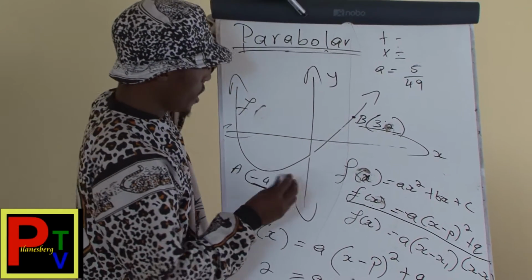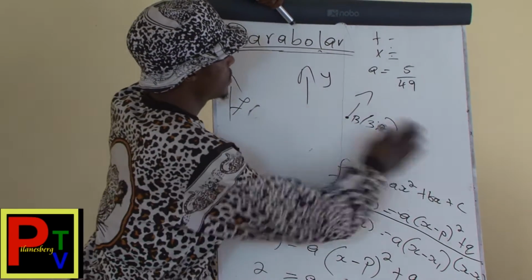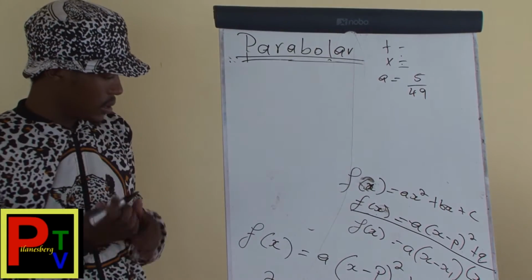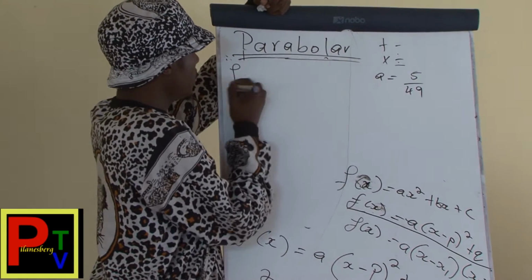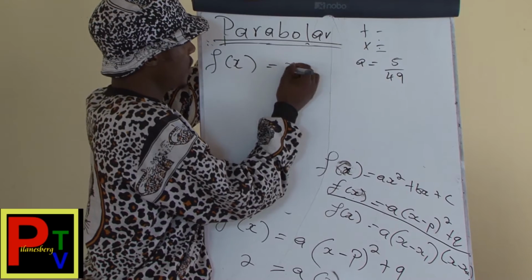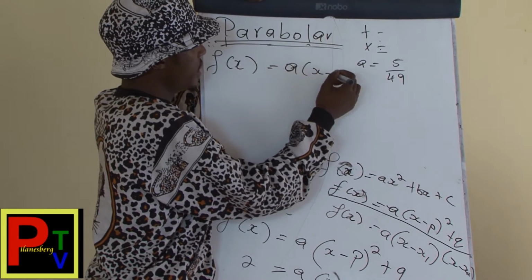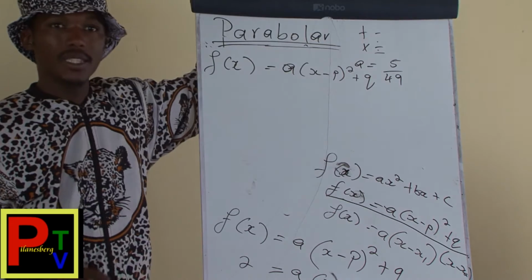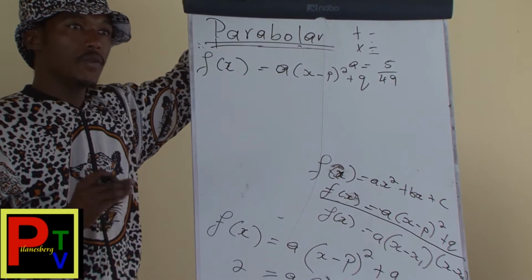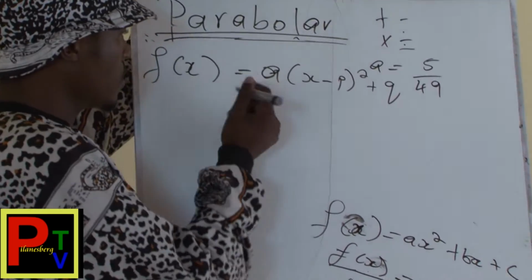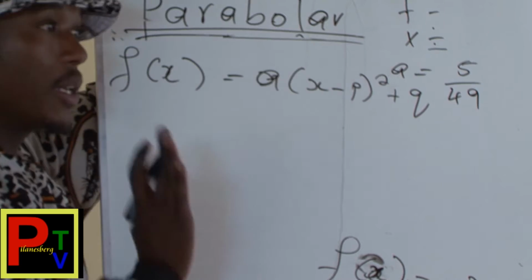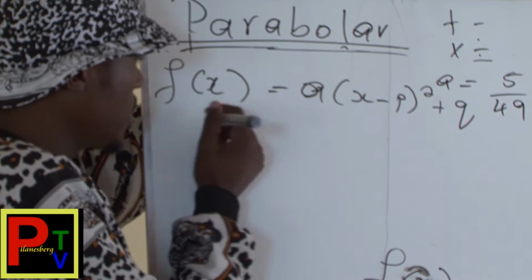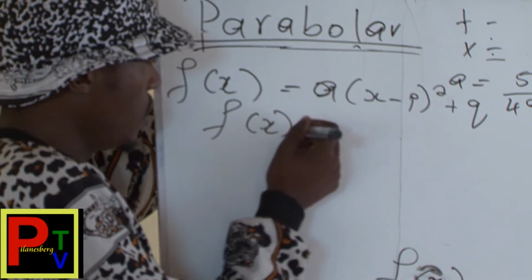Once you are done with your a, you come here now. We substitute all the given information. Remember, f of x is equal to a(x minus p) squared plus q. You substitute all the given information you have, but you leave the point you used for finding a, which is your y and your x. We continue.